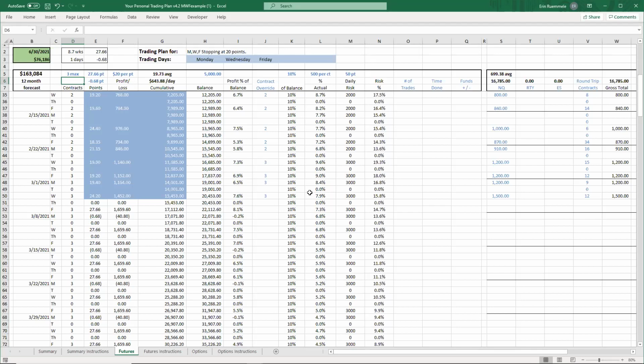It's going to limit the amount of trading that you're doing, but still be able to project profits that hopefully you're looking for as well. Again, just starting at $5,000 3 times a week, getting you to 163,000. So I wanted to show that. I know that's a little bit different than our normal personal trading plan, but I just wanted to take the opportunity to show what a little bit more limited trading looks like.